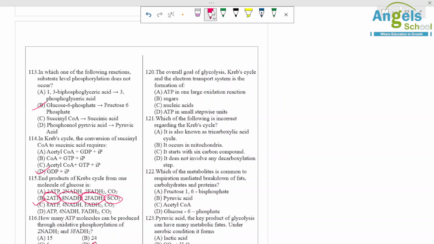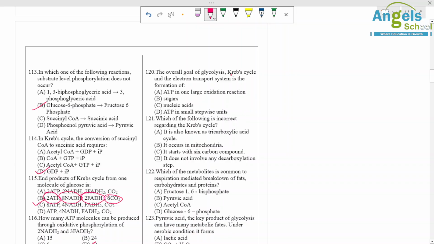Question number 120. The overall goal of glycolysis, Krebs cycle and electron transport system is the formation of ATP in one large oxidation reaction, sugar, nucleic acid, ATP in small stepwise unit. Okay, so we have 3 different reactions: glycolysis, Krebs cycle and ETS.